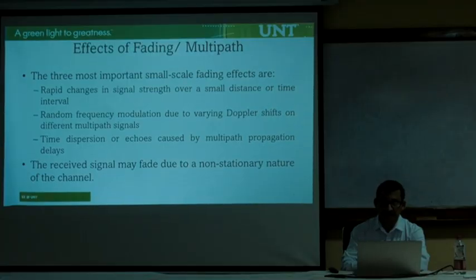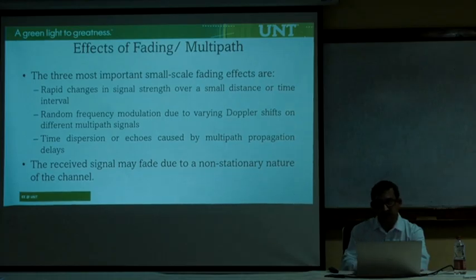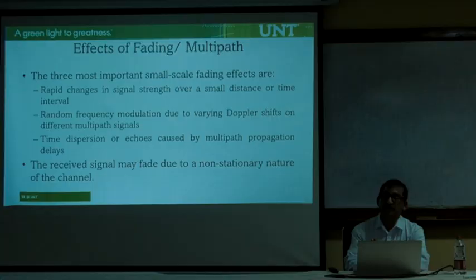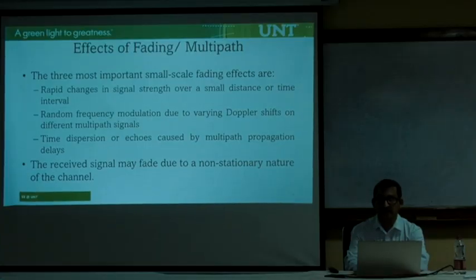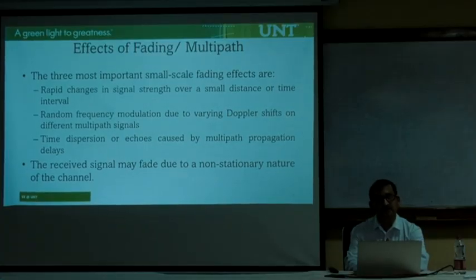And the third is generally, there are other things that we talked about, other physical phenomena like refractions, reflections, scattering. So those also will cause multipath propagation. And ultimately, the most interesting thing is you can model the channel as a system, depending on how we interpret or how we design.